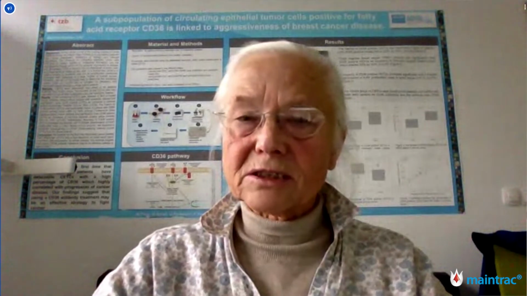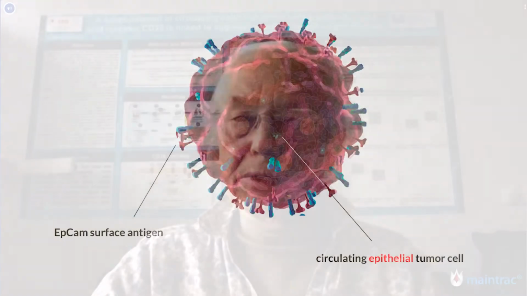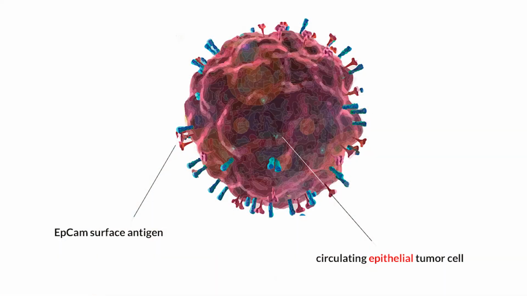And the way we do it is just relying on the special surface structures which are detected on epithelial cells. That's the epithelial antigen. And that's how we distinguish between the normal blood cells and the epithelial tumor cells, because we think that there is neither size nor any other property that distinguishes the epithelial tumor cells from the blood cells.